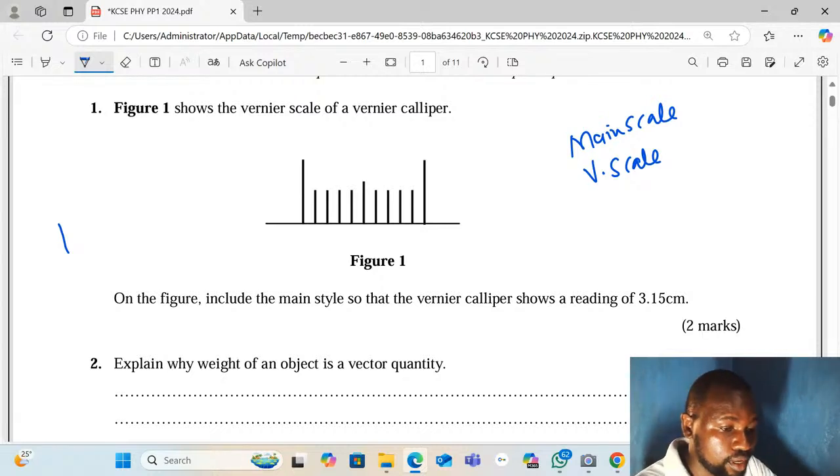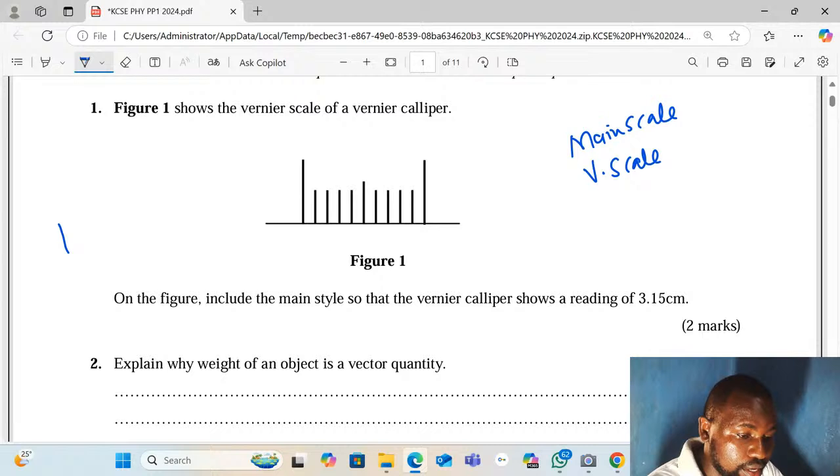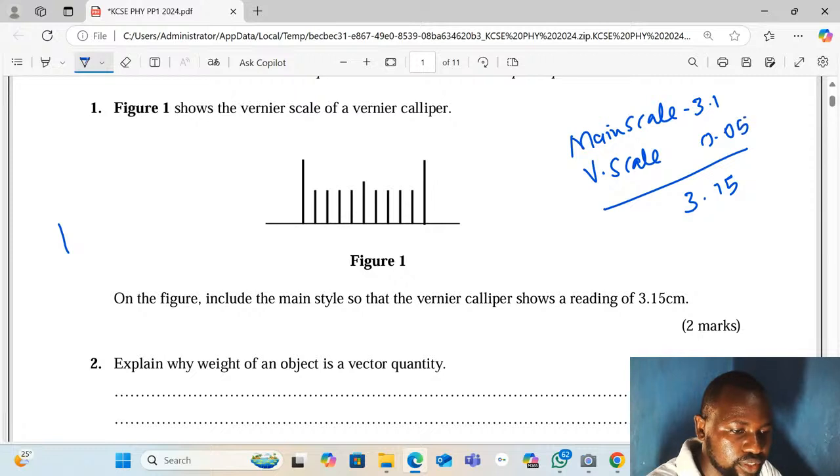If we reverse this one, we are supposed at long last to get 3.15. Therefore, we can say the main scale reads 3.1, and the vernier scale reads 0.05. That we arrive at 3.15 centimeters.